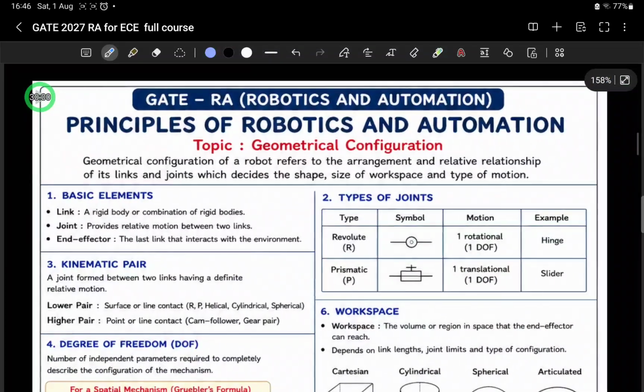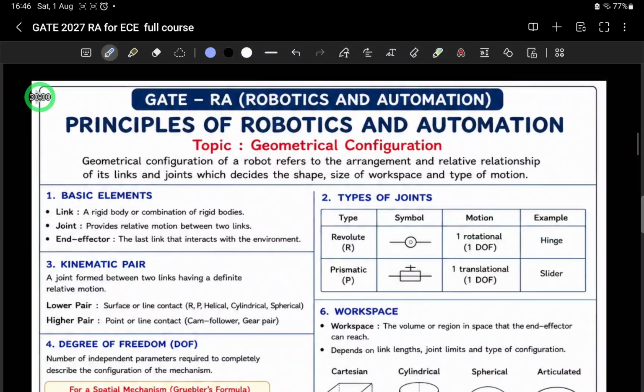Geometrical configuration of a robot refers to the arrangement and relative relationship of its links and joints, which decide the shape and size of the workspace and the type of motion. Basic elements are links, joints and end effector.